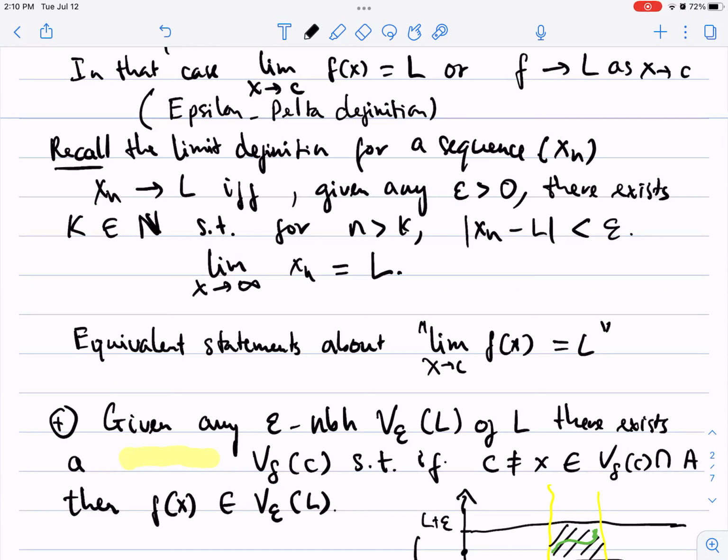And in this case, we say that the limit of the sequence x_n equals L. So you can see that the limit definition of a sequence is exactly a special case of the limit definition for a function. It is because a sequence is just a special function, a function from the set of natural numbers to the set of real numbers. That's why the definition for the limit of functions applies to a sequence.